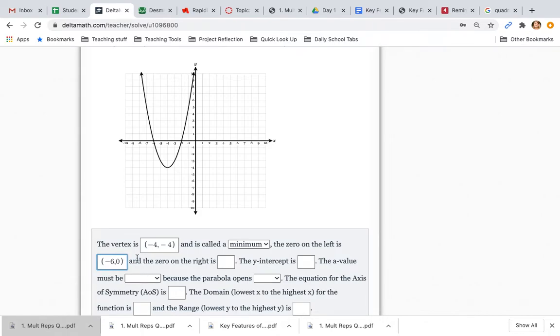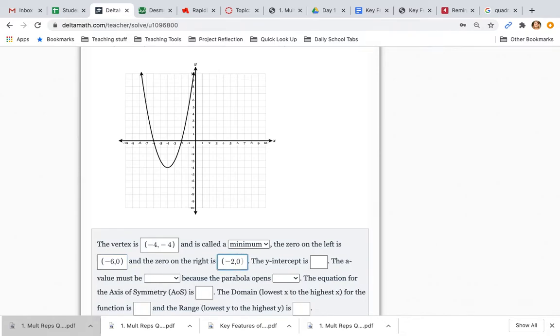No spaces whatsoever, okay? Just left parenthesis, -6, 0, right parenthesis. The 0 on the right, so we mean the right side of this parabola. This is the left side, this is the right side. On the right side, this is at -2, 0. So I'm going to put left parenthesis, -2, 0, Shift 0 for the right parenthesis.